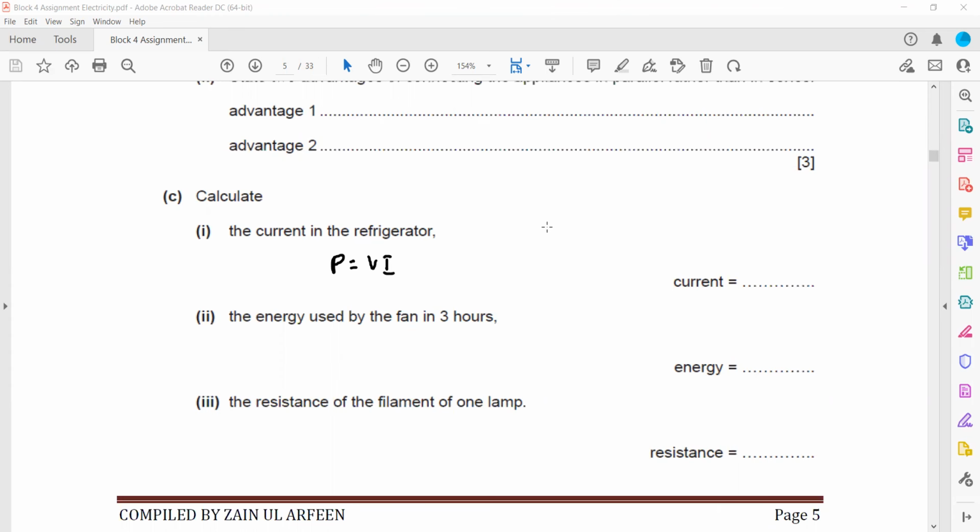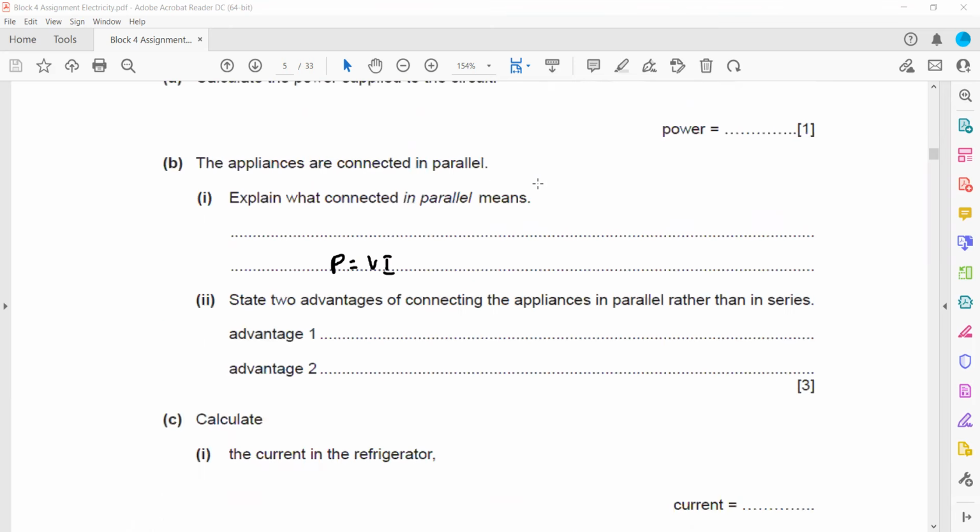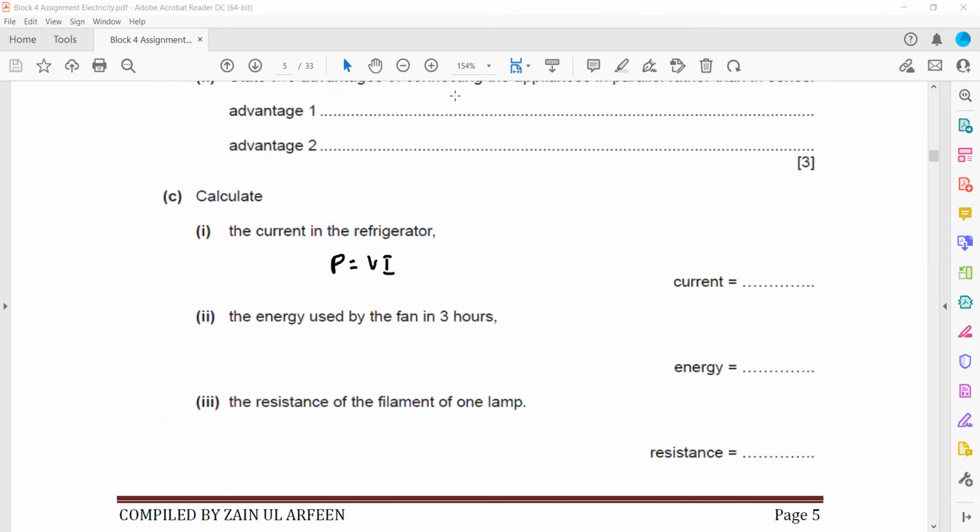The power of the refrigerator in the question is 200, and the voltage is 240. So P, the power, is 200, equal to voltage 240 times the current I. So 240 is multiplied, on the other side it will be divided, so it will be 200 divided by 240, which is equal to 0.83.